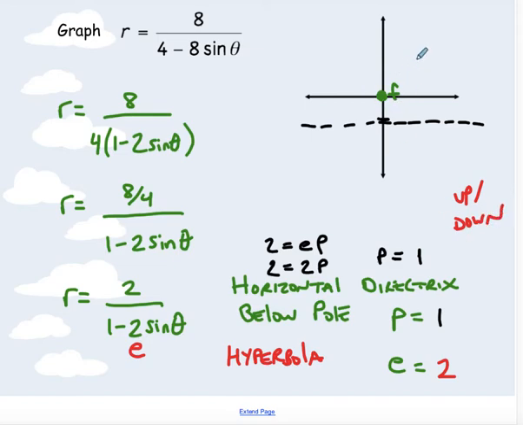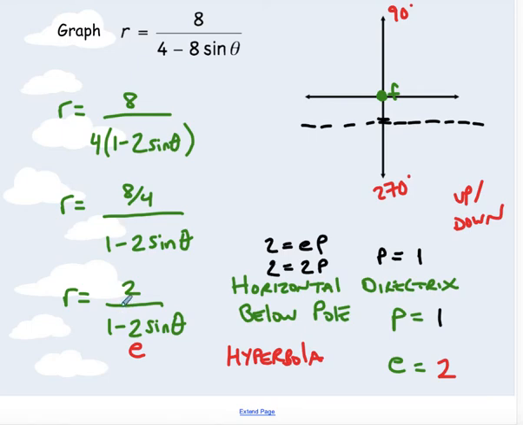So if I'm going to have a vertex on this y-axis so that it opens up, I need to plug in 90 degrees. And if I'm going to have a vertex down here so that it opens down, I'm going to need to plug in 270 degrees. So let's do that.